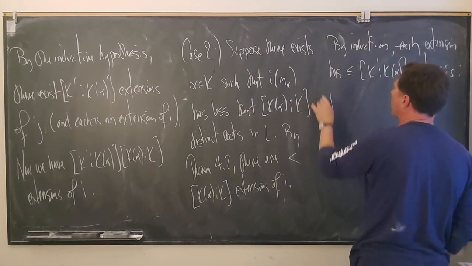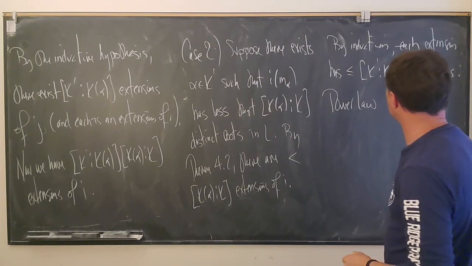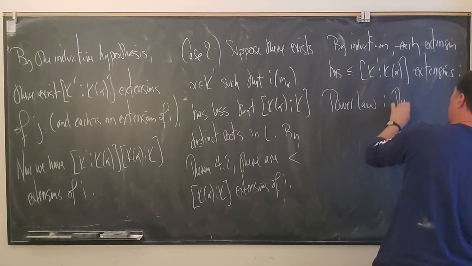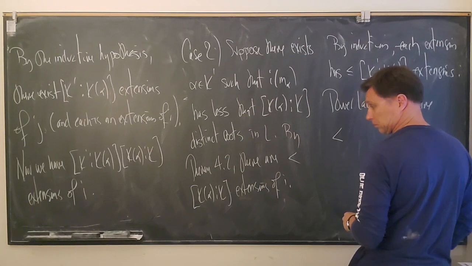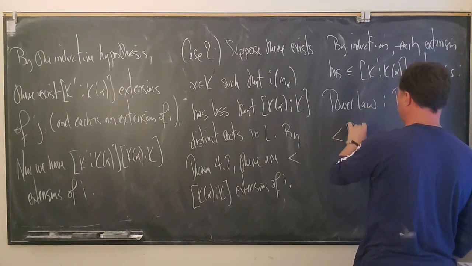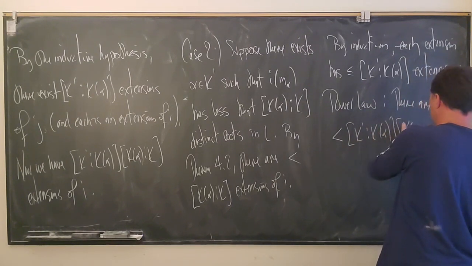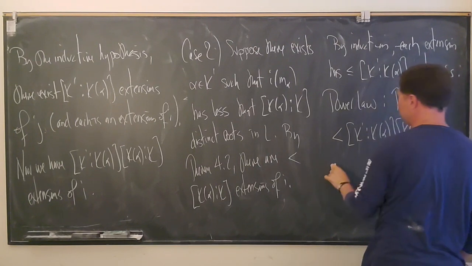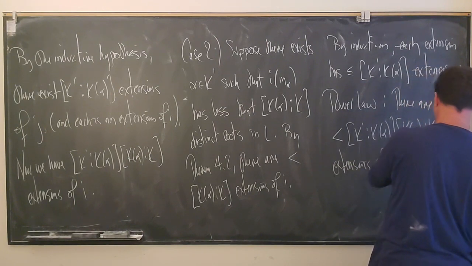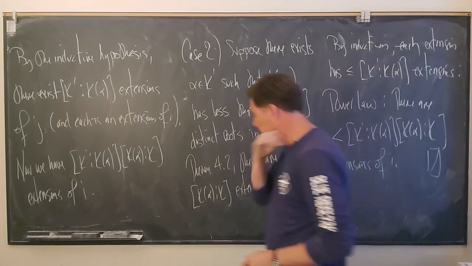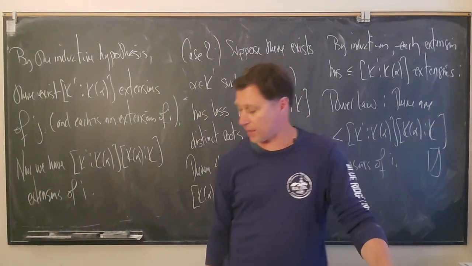And so now Tower law says that there are less than degree of k prime over k adjoin alpha times degree of k adjoin alpha over k extensions of capital I. Okay. All right, so that completes the proof, and that's enough for today, so we'll see you next time.